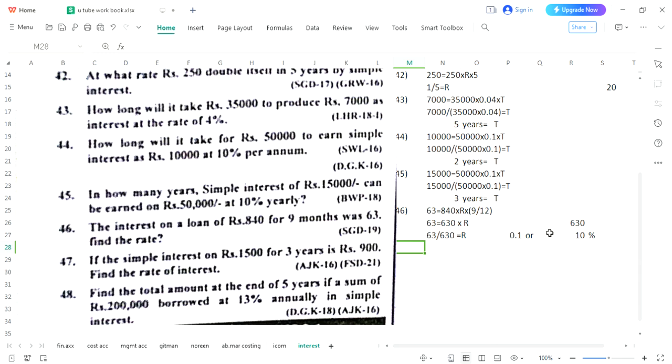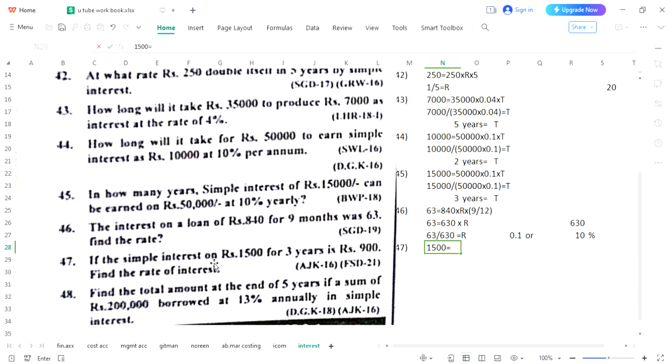Now we will see the 47th question. Formula is the same: interest is equal to PRT.